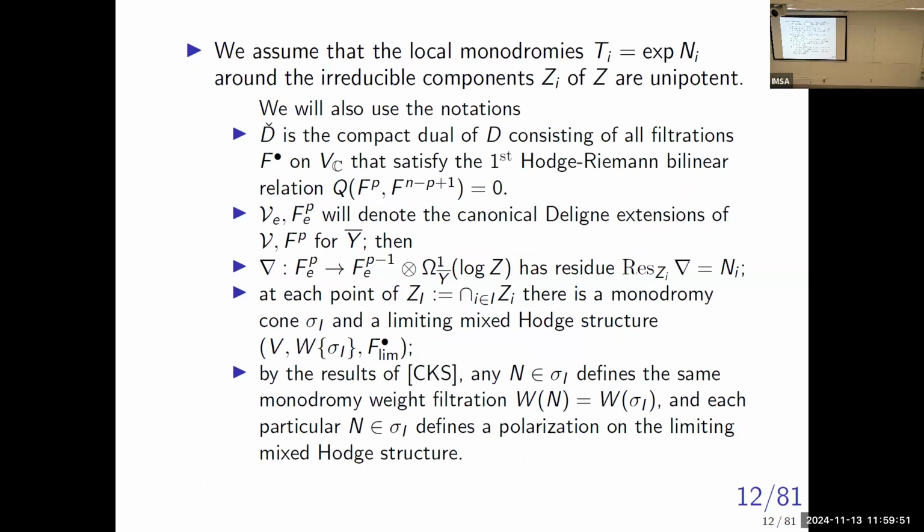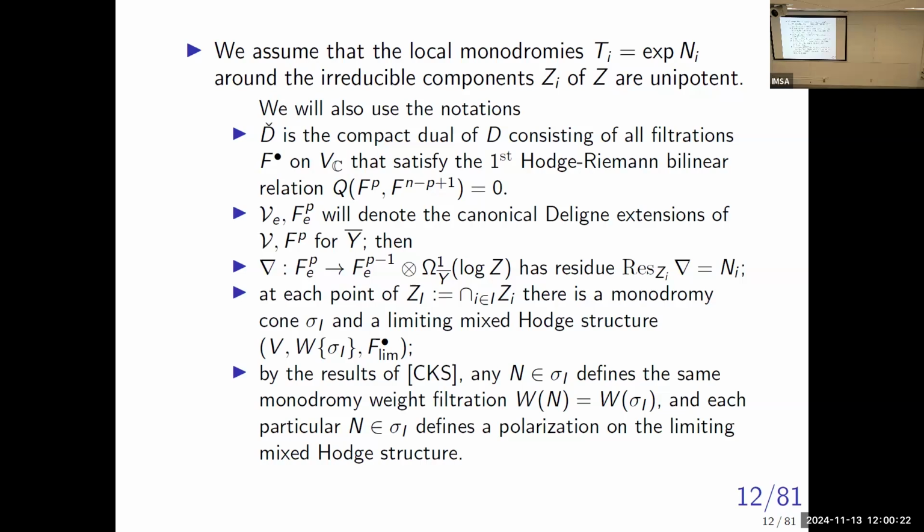So whenever you have your local system, in particular if you have a variation of Hodge structure, you look at the divisor at infinity. So that's a normal crossing divisor. A loop around each of the branches gives a monodromy matrix. And one of the special properties of the monodromy is that they are quasi-unipotent.